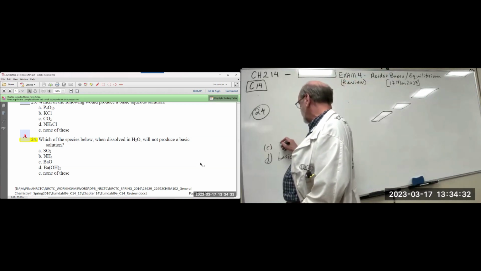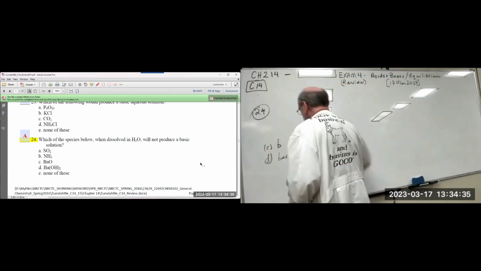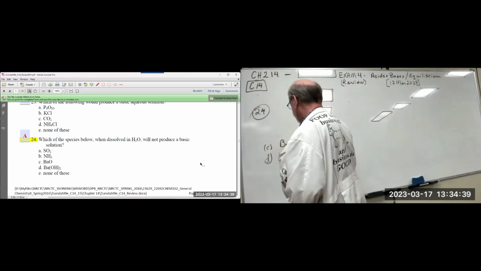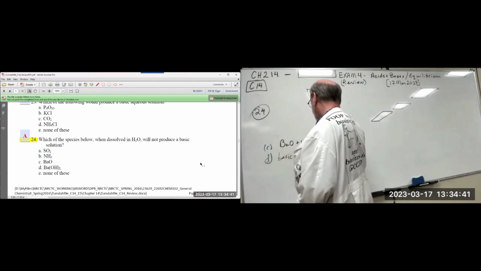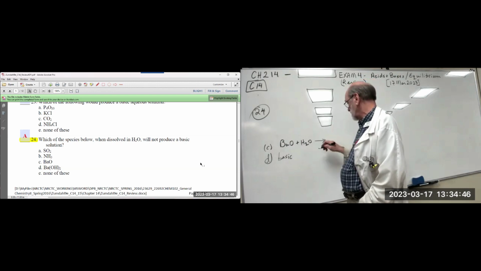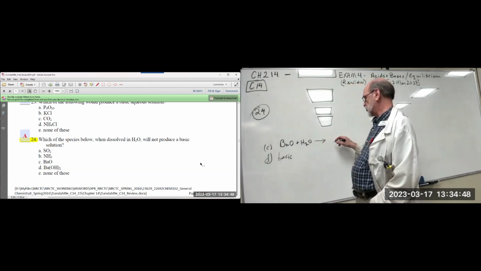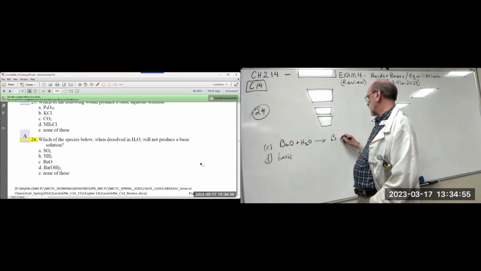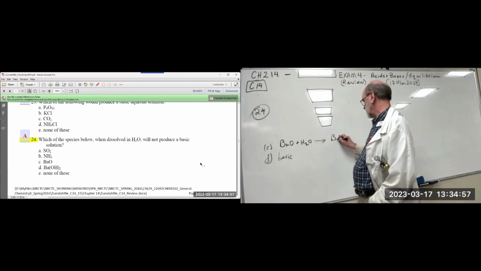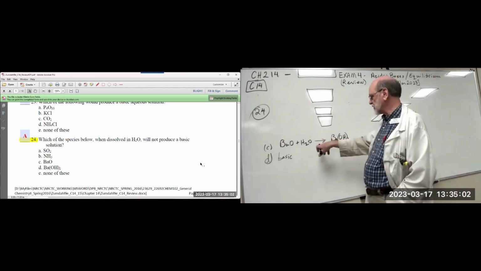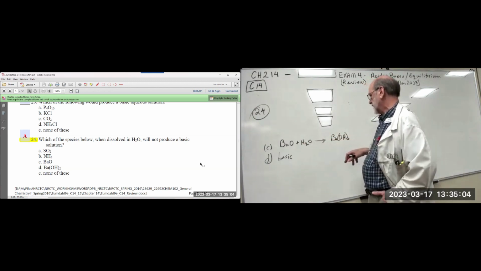What does barium oxide do when it reacts with water? Well, it produces barium hydroxide. Yeah, barium oxide produces barium hydroxide.